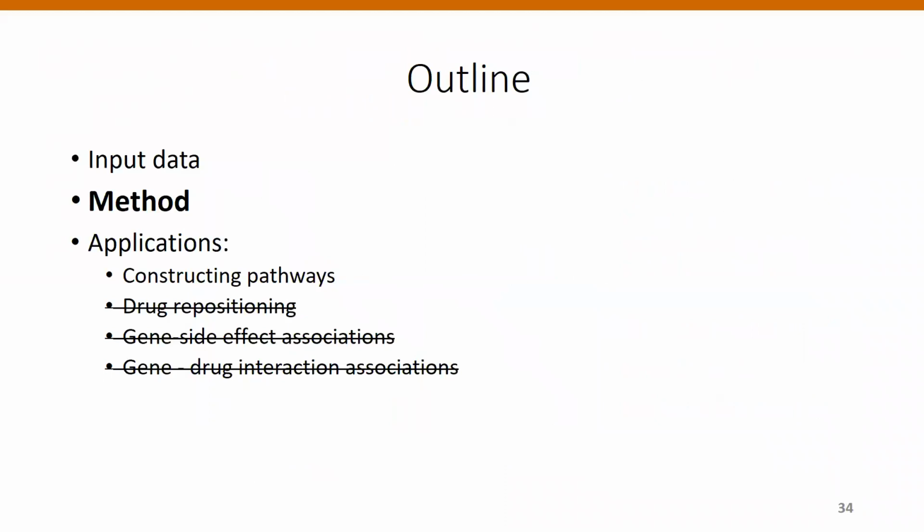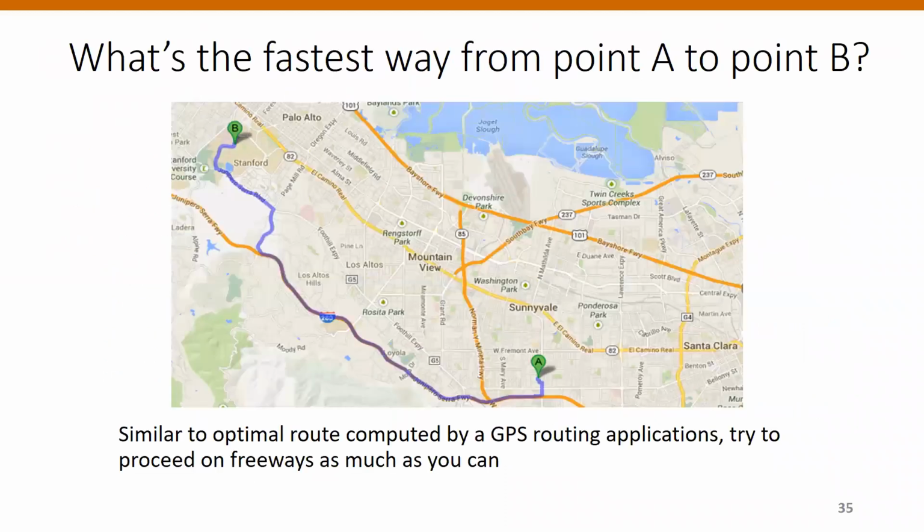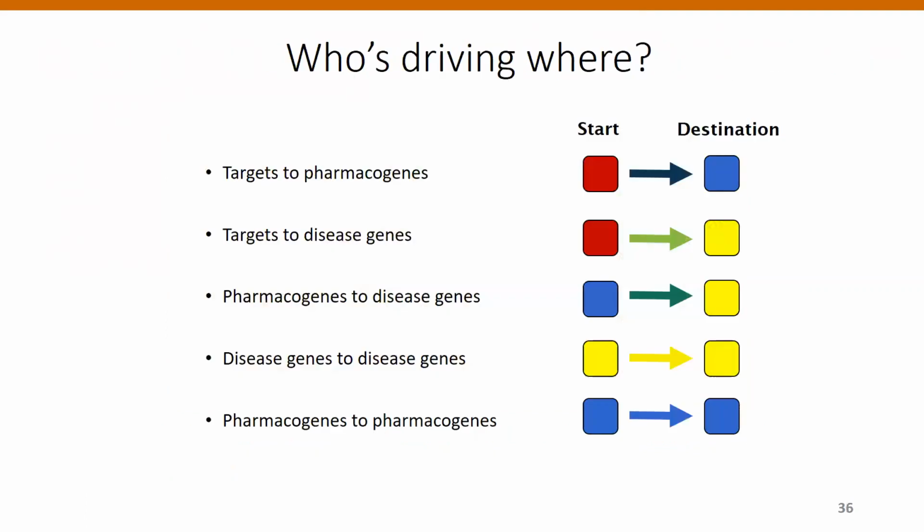And the way to construct the pathways is to think like optimal route computing by GPS routing applications, in which you try to proceed on freeways as much as you can, assuming, of course, the freeway is indeed free at that time and not blocked. So we start with drug targets driving to pharmacogenes.